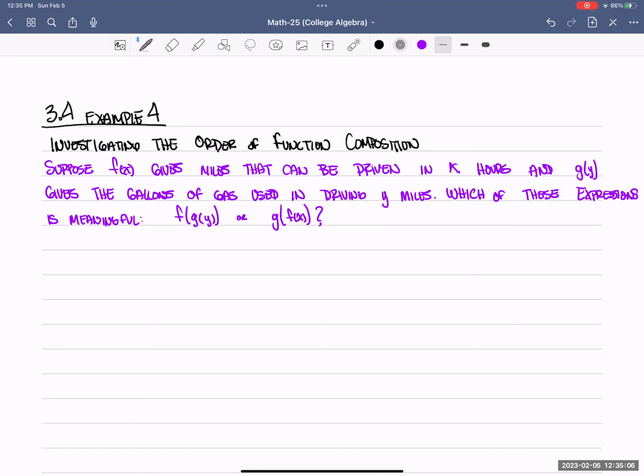So f of x gives miles that can be driven in x hours. So we input hours and output miles.